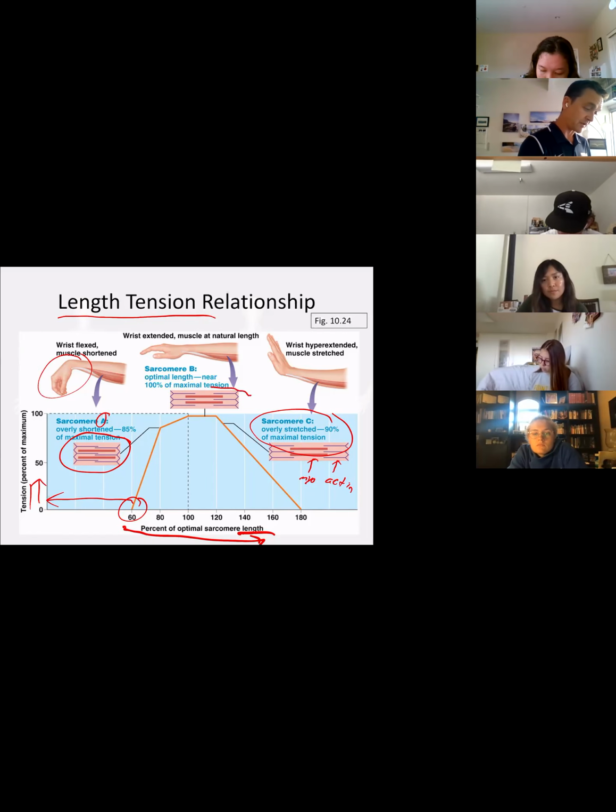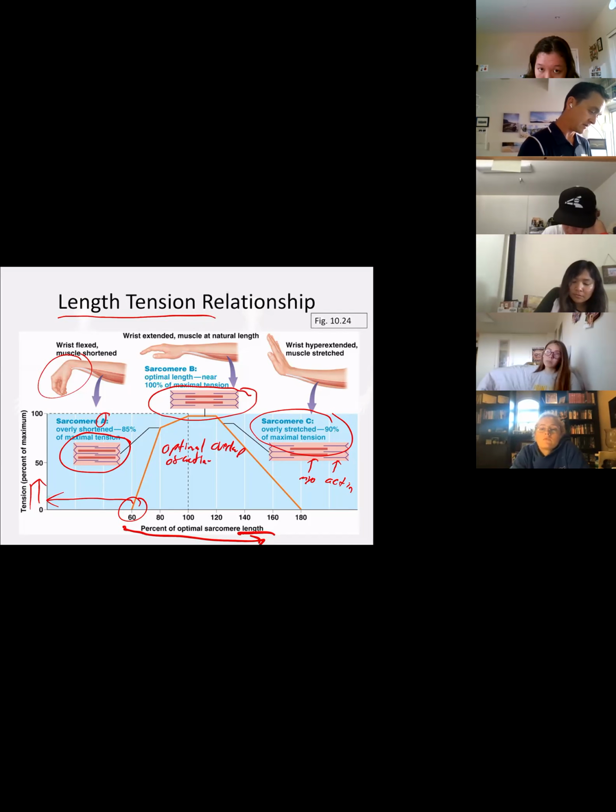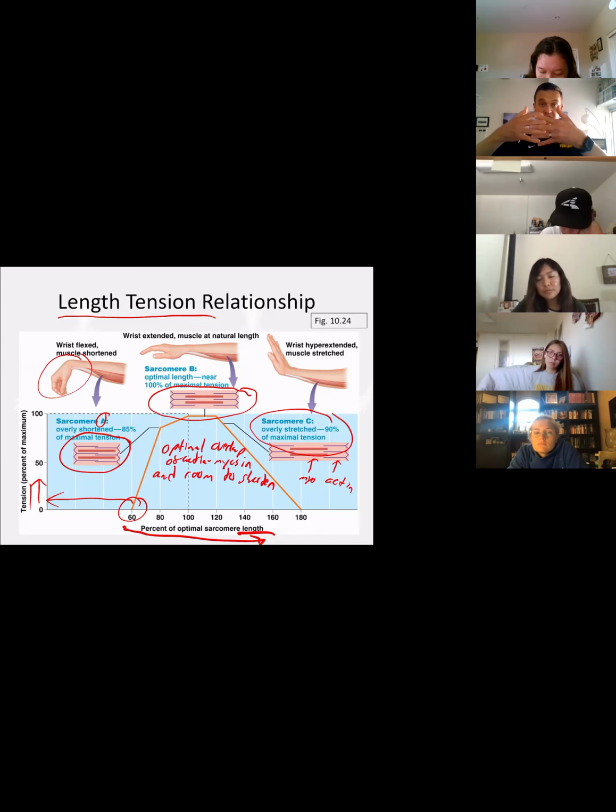And so then when we get right here in the middle, we have what's called optimal overlap of actin and myosin, and we have room to shorten. All right, so there's still some room to move.